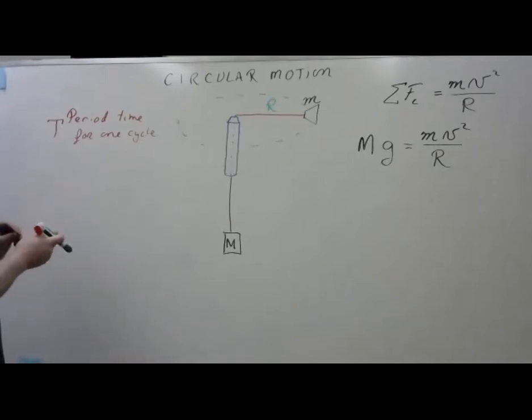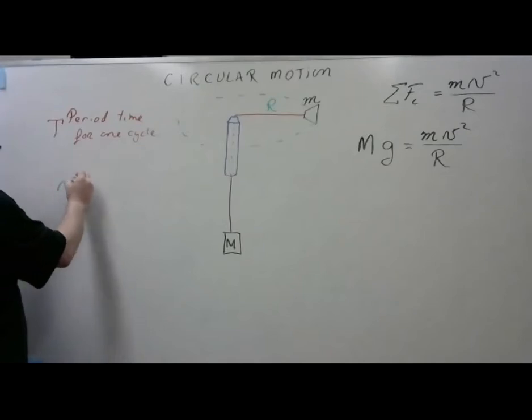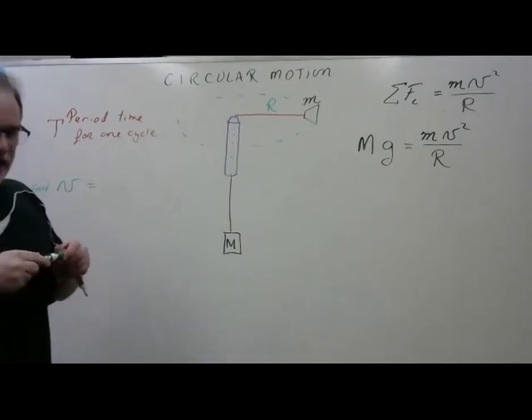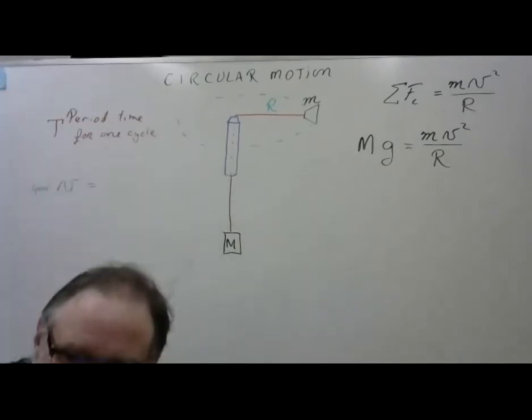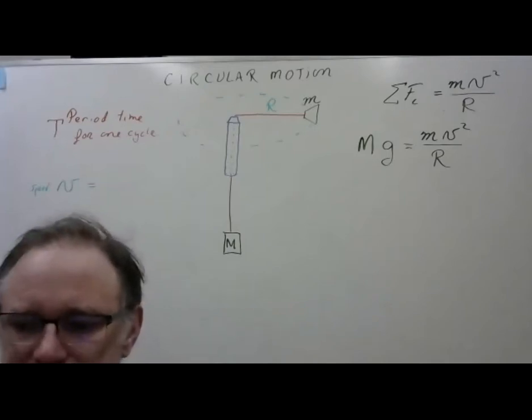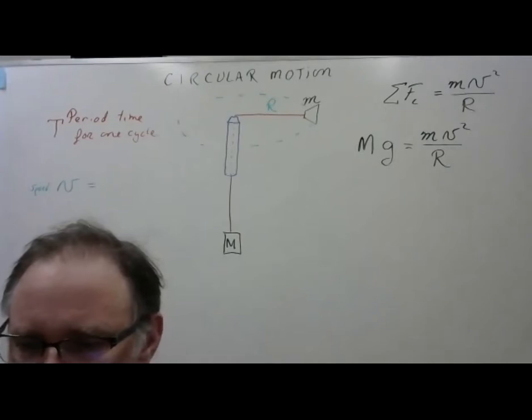Okay, so now the speed, v. And I want to emphasize we're talking about speed here, even though we use the same letter as velocity. When I talk about the speed, what is the speed of anything? Distance over time.